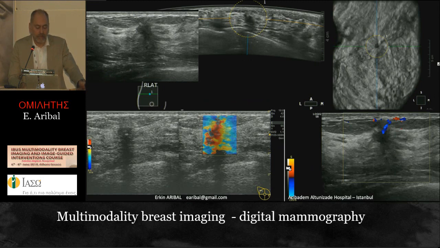You can also see the handheld ultrasound findings, and there we see the elastography, it's stiff, and this is shear wave elastography. And this is the Doppler imaging, which shows vascularity going directly to the mass.